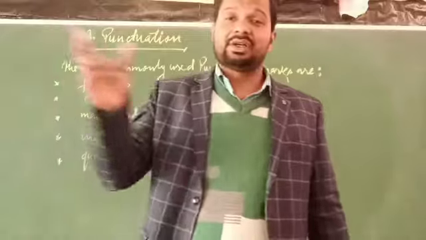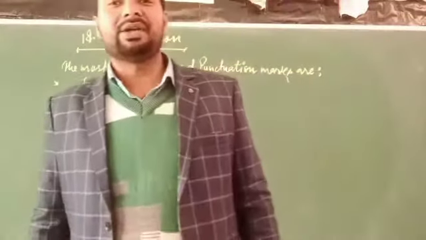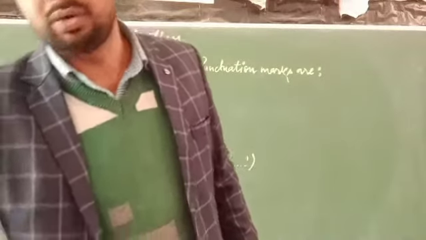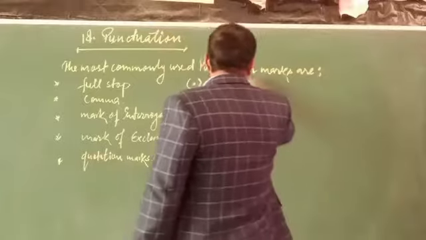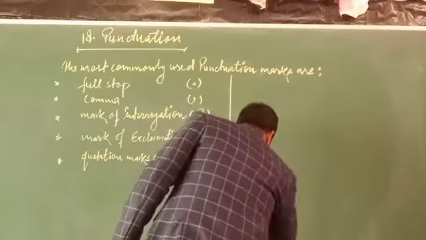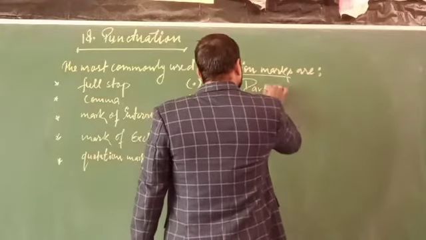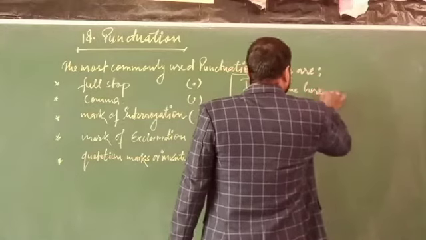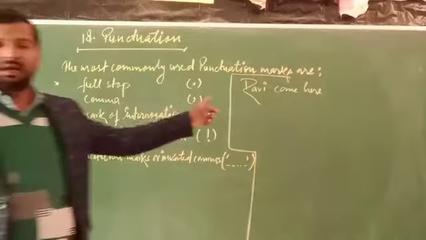Okay, but for the comma there is variation. You see, the comma is used at first to set off a noun of address, like that. If you call to someone, "Ravi come here."